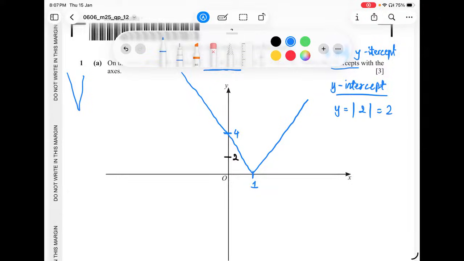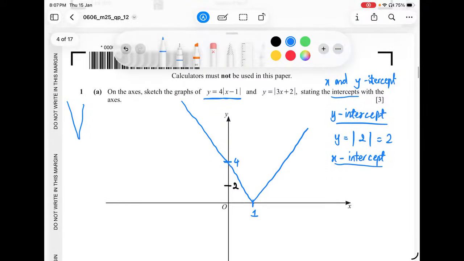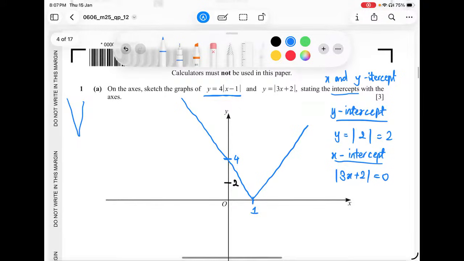And then the x-intercept. You make y equal to 0, so that gives you 3x plus 2 equals 0. Since it is 0, we do not care, both situations are the same.